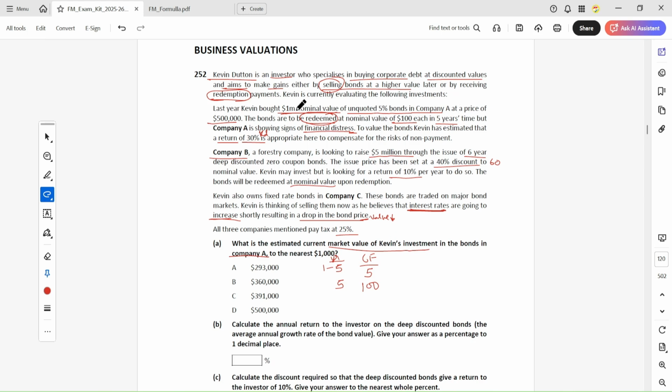So Kevin bought in company A at a price of this and it is redeemed at 100, and this is a 5% coupon on the nominal value.